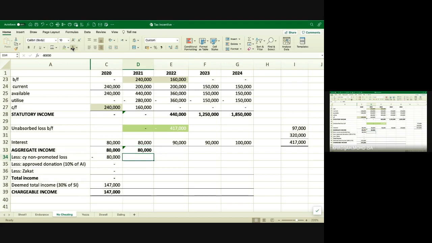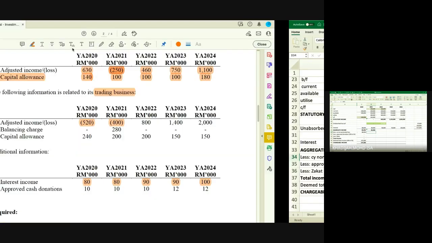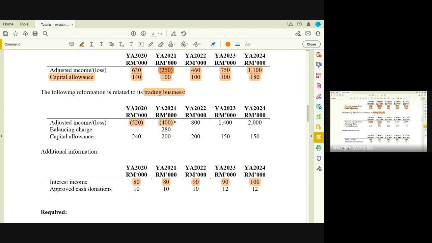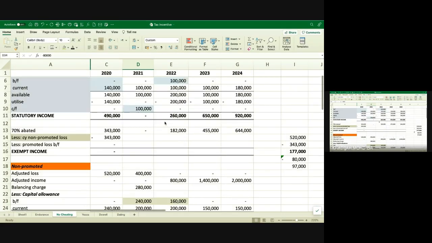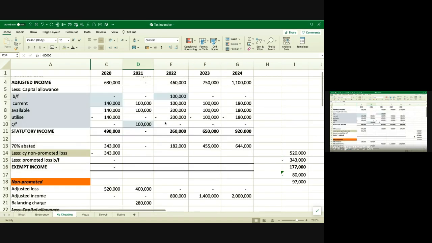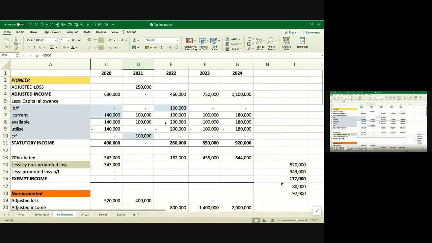But do you have any current year non-promoted loss? Let's see. Current year non-promoted loss here you have 400,000. For the pioneer status, this 400,000 should be absorbed against your 70% of SI, the abated amount. But for 2021, your statutory income for the pioneer is 0. So even though the company has a loss here, you're not going to utilize that loss against your 70% abated because it's 0.